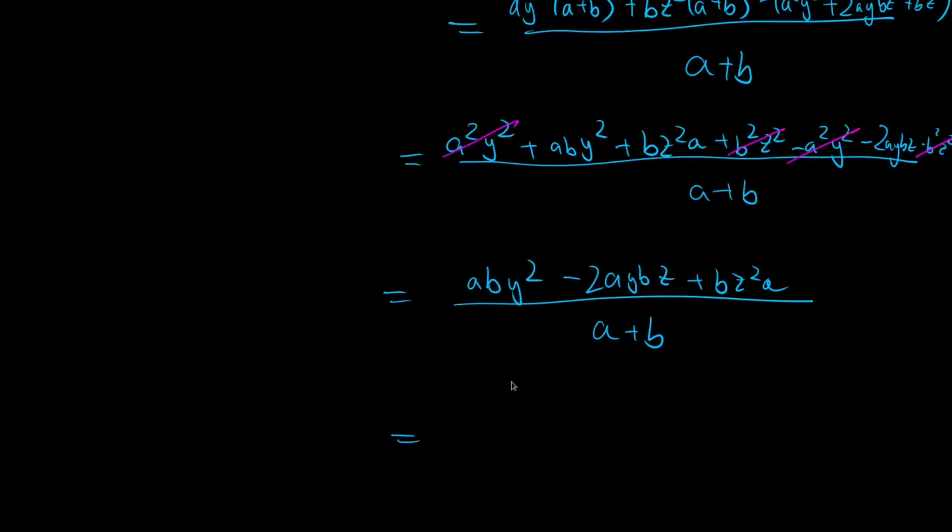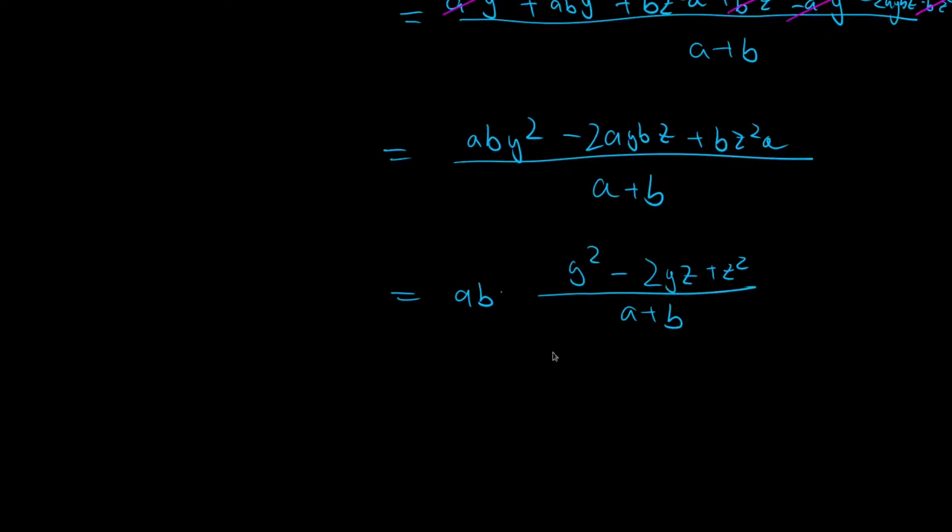So let's bring this out of it, and then we get ab times the fraction over a plus b of y squared minus 2yz plus z squared. And here we see this is nothing else than a binomial formula, which will be y minus z in brackets squared. So we have ab times y minus z in brackets squared over a plus b.